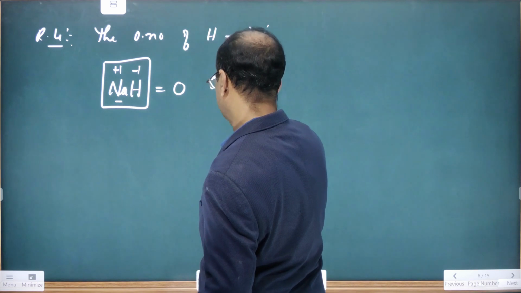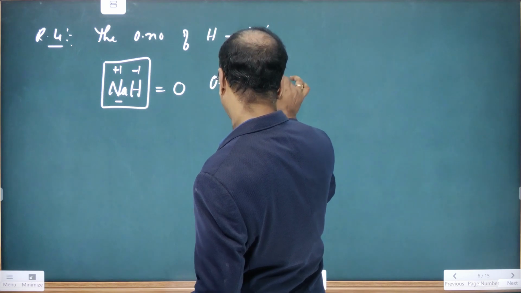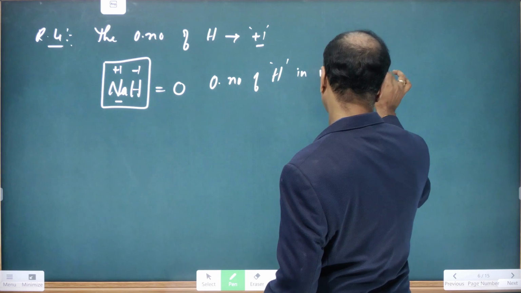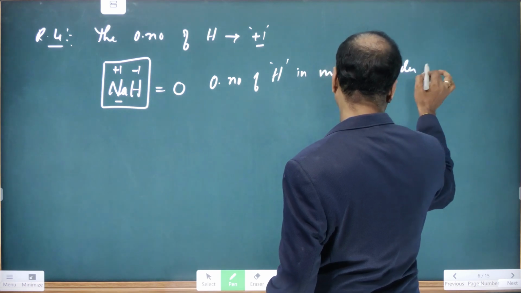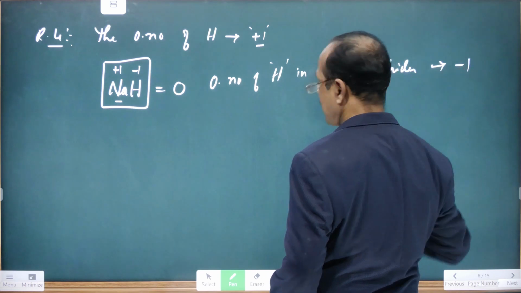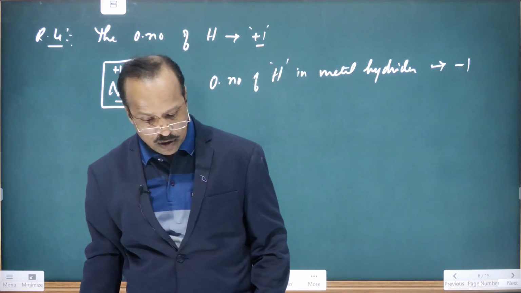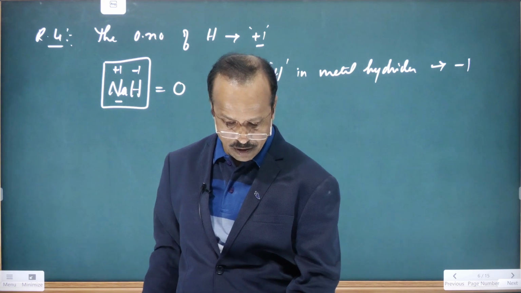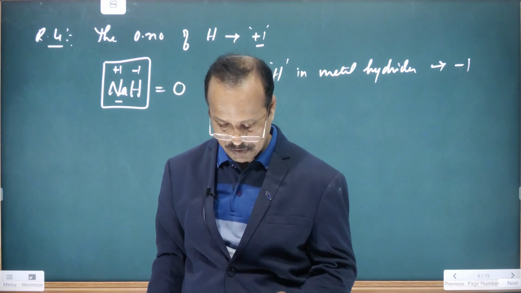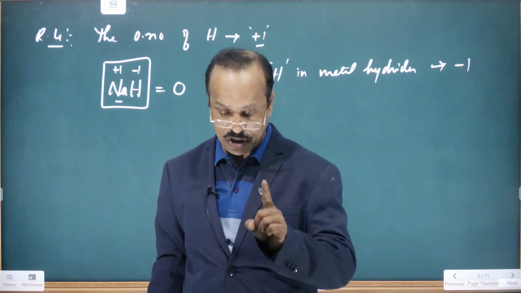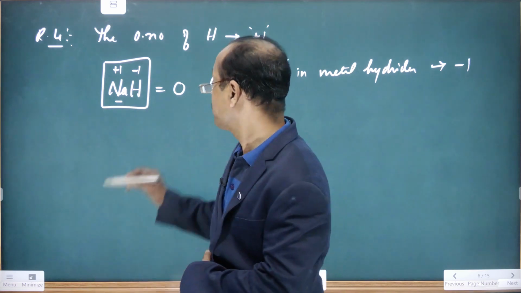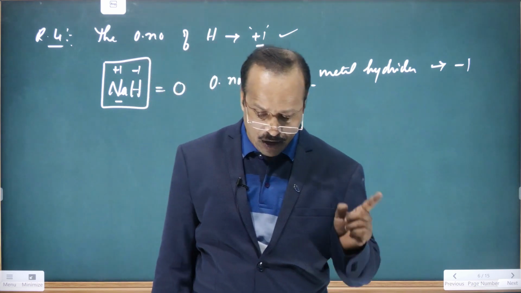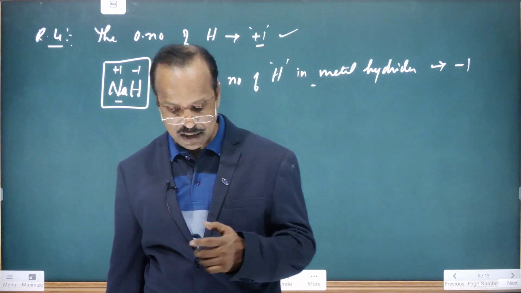So the oxidation number of hydrogen in metal hydrides is -1. In general, the fourth rule on page number 68: the general oxidation number of hydrogen is +1, but in metal hydrides or ionic hydrides, the oxidation number is -1.